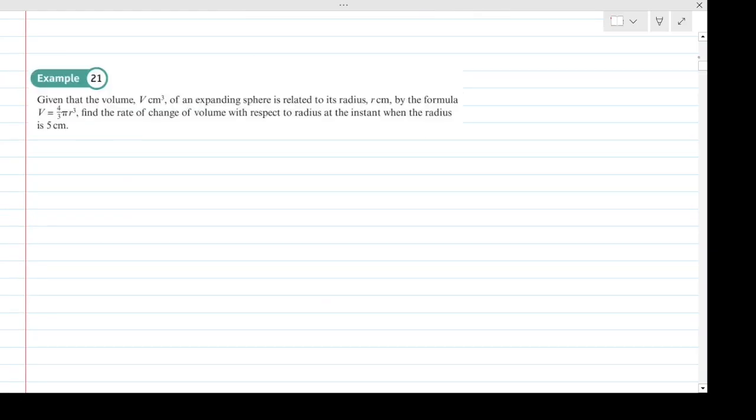We are told that the volume V of an expanding sphere is related to its radius r by the formula V is 4/3 pi r cubed. Find the rate of change.